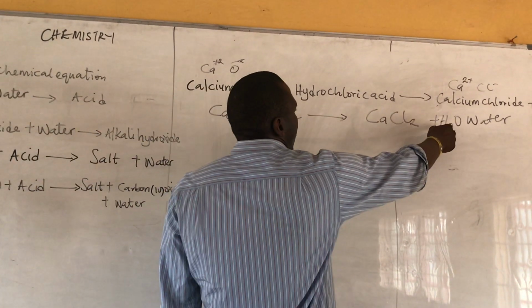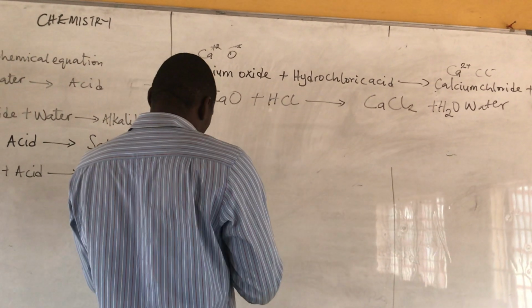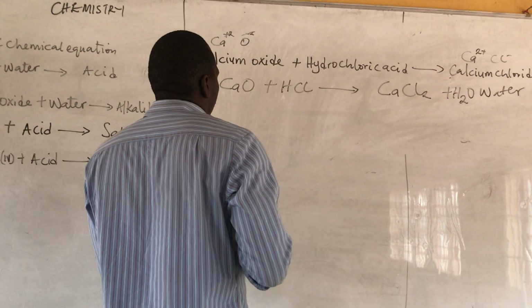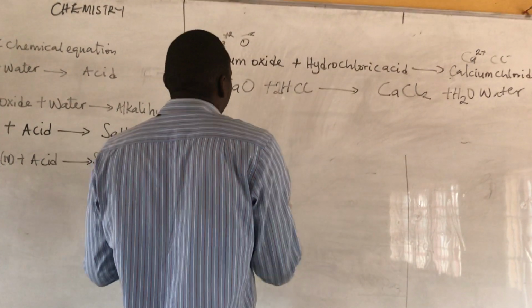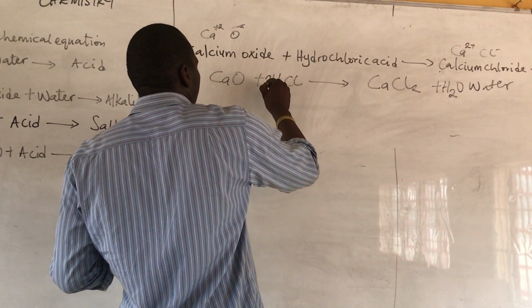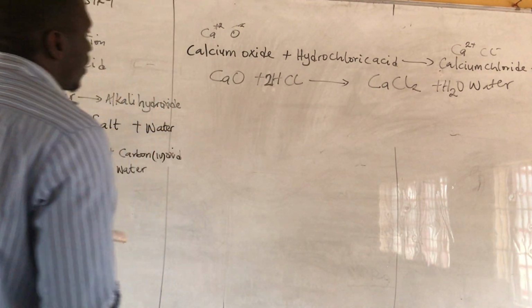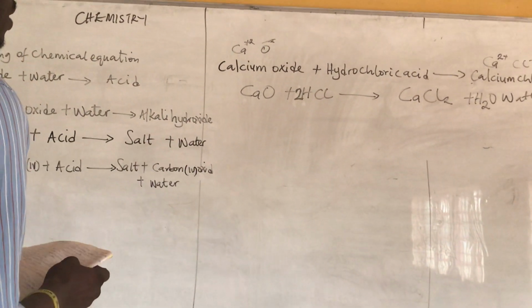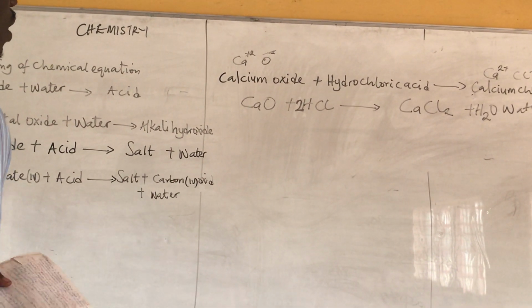Here is 2, so you bring the 2 to this place. So simple. Now we can do the atom count together again, and you see that the equation has balanced. There we have 2 hydrogen, then we have 2 chlorine.